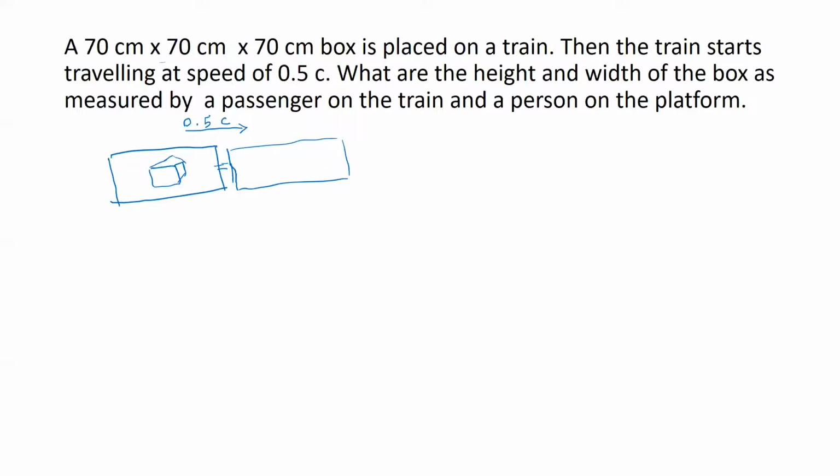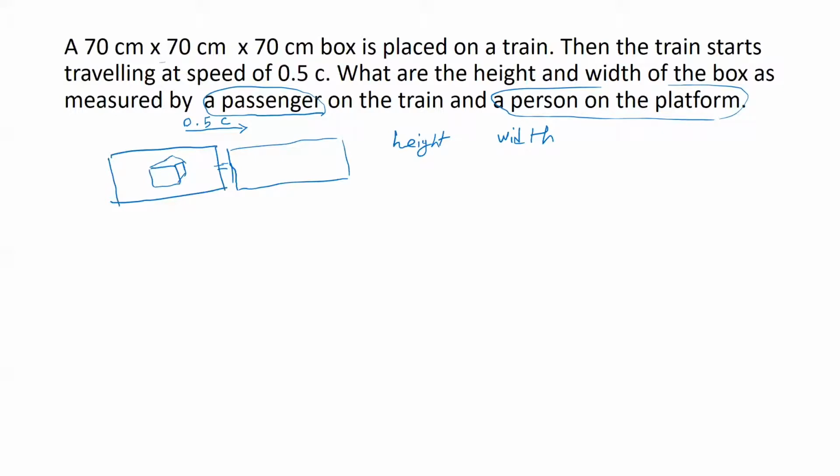What are the height and width of the box as measured by the passenger? So they are asking about height, and they are asking about width, as measured by the passenger. So we have a passenger on the train and a person on the platform. Firstly we talk about height.